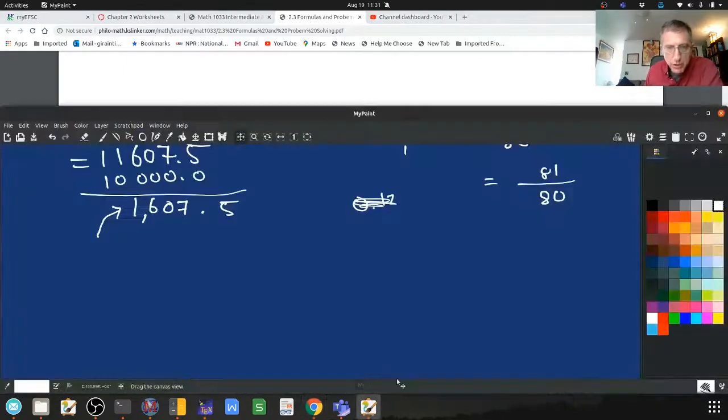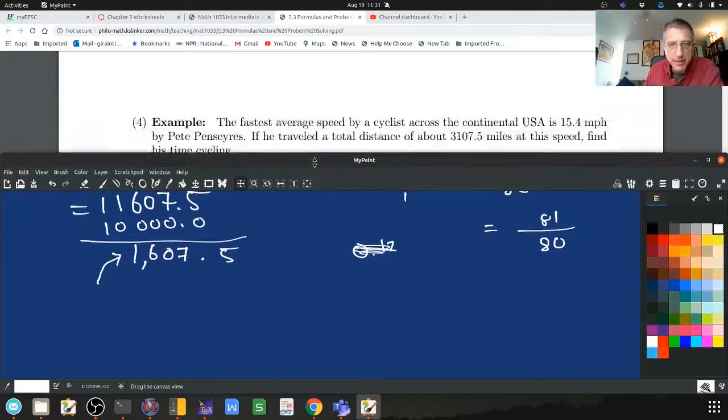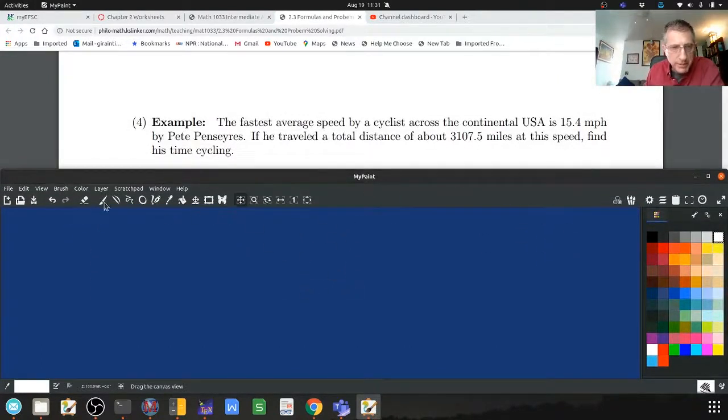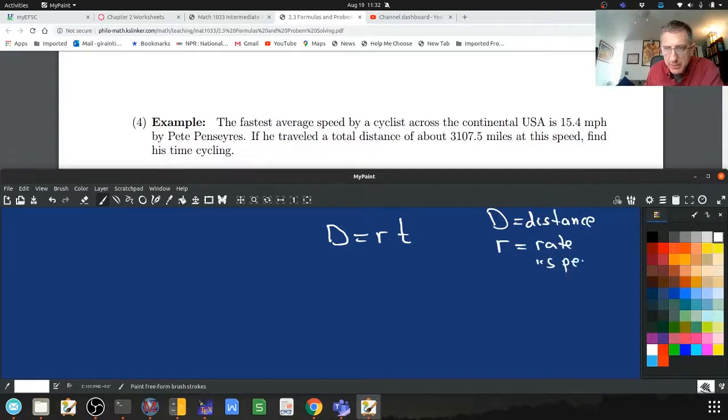So this is just the formula we were given. Distance, d, is equal to rate times time. So d is our distance, r is our rate, which is speed, our rate of travel, and t is our time.